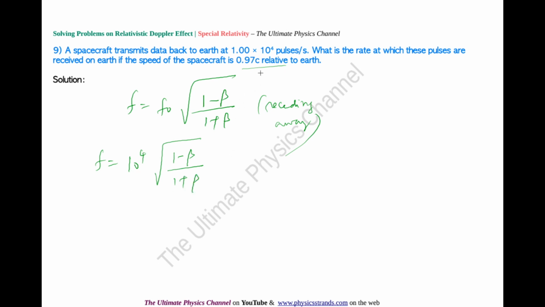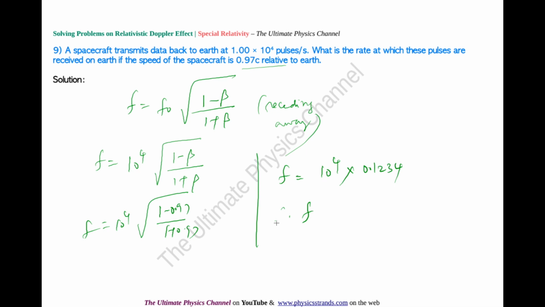No, it is given as 0.97 c. Beta is given as 0.97 here. So I can substitute that: 10 power 4 square root of 1 minus 0.97 over 1 plus 0.97. So I have to get F here. Therefore, my frequency F is equal to 10 power 4 into this one whole thing. To work out, it will be 0.1234.